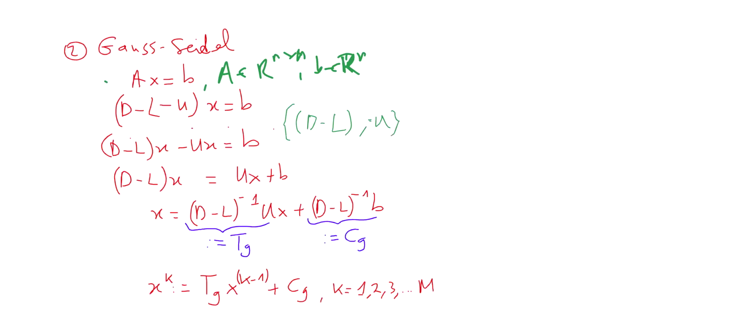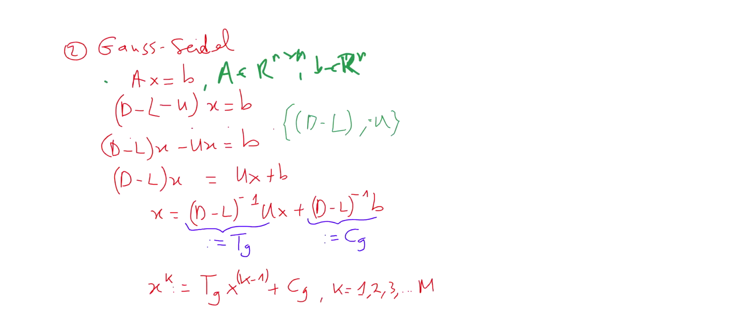So if you do that, you say (D minus L) x, and then minus U x, is equal to B. Then you can take your Ux to the right-hand side.